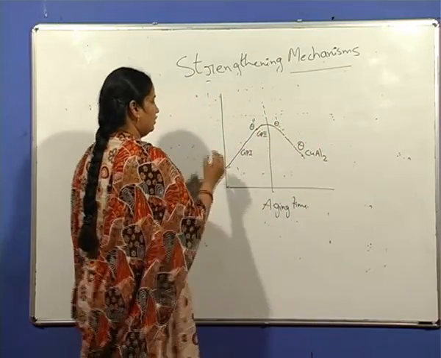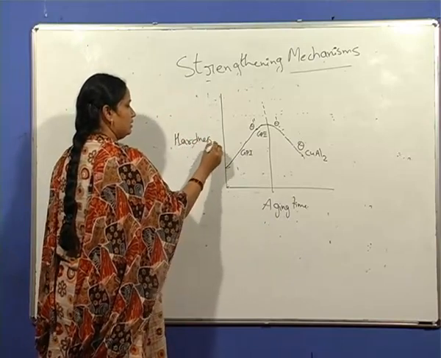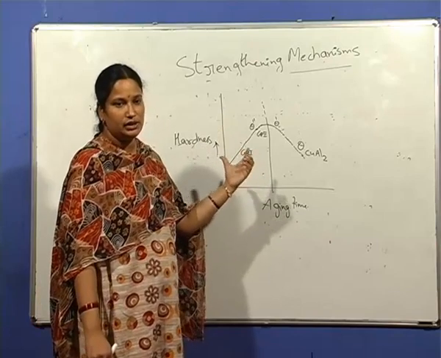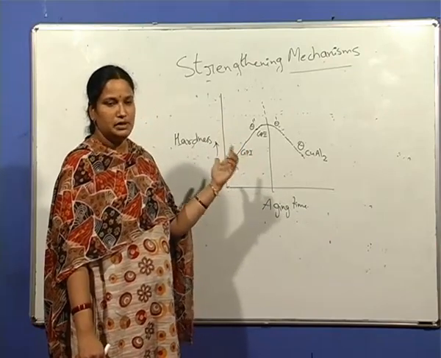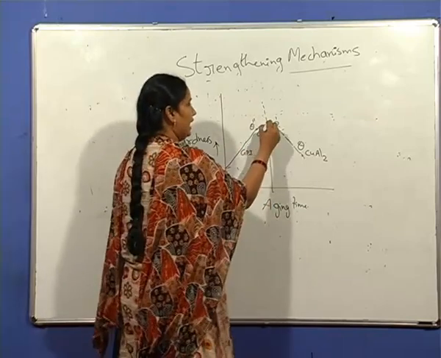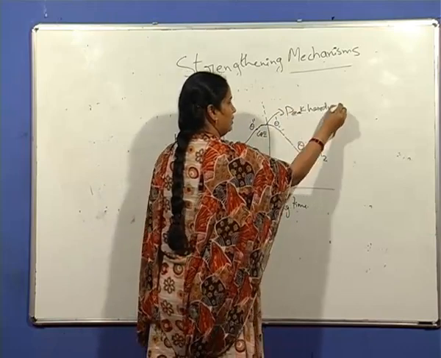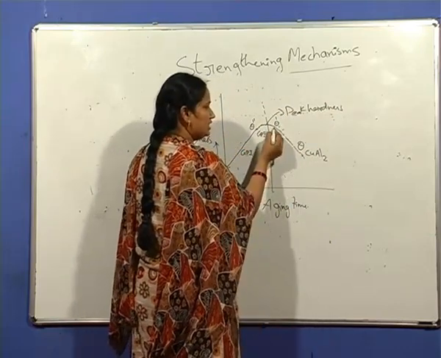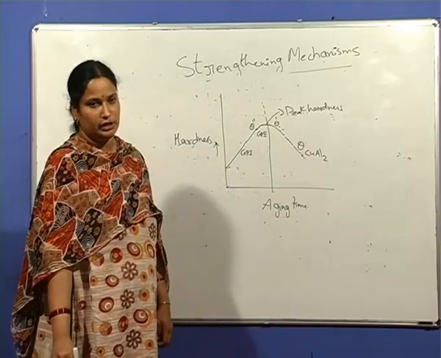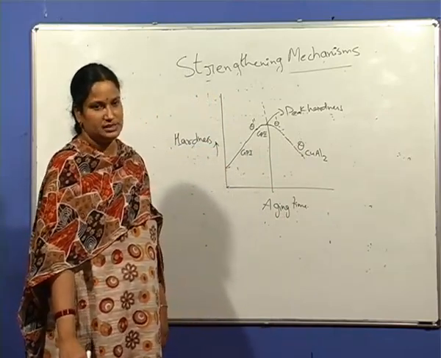And this is a plot between the hardness due to the various transition phases that occur during the aging of an aluminum copper alloy with respect to aging time. So peak hardness is achieved by the formation of theta prime, and still with increase in aging time, theta, the equilibrium phase CuAl2 forms from the transition phase theta prime.